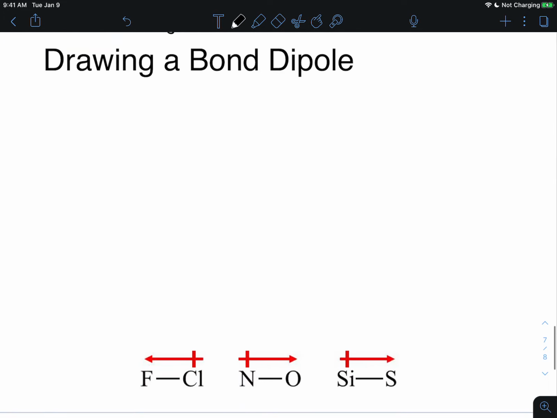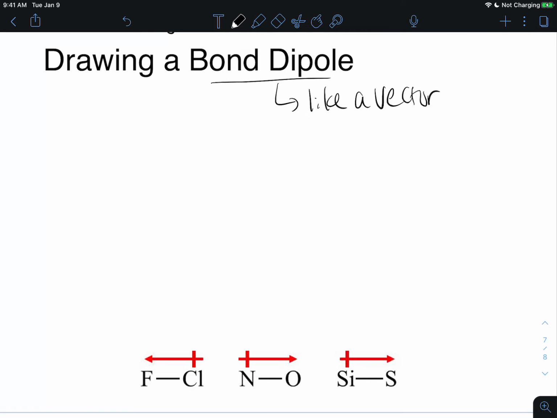So we can draw a bond dipole based on our electronegativity differences. And if there's anybody out there that is a physics person, this is going to be drawn differently than we would a vector, but it's the same idea as a vector. A bond dipole is like a vector, but someone thought they'd be cute and wrote it in a weird way.